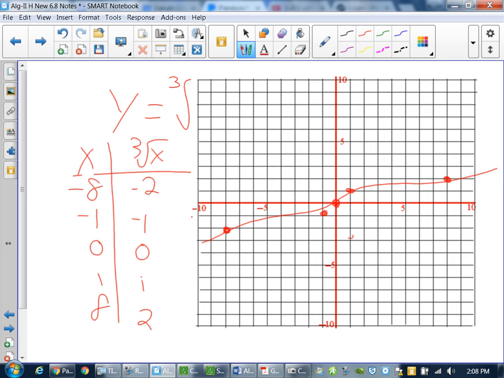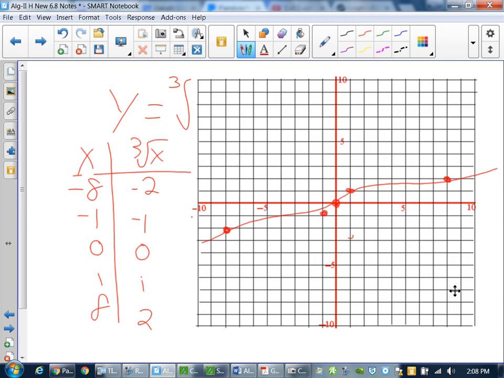It could be reflected by making it negative, just like we did yesterday. It's a whole lot of dance moves going on here. H moves it left and right, k moves it up and down. But every one of our graphs is going to have the same sort of start. Basically, we start with -8, -1, 0, 1, and 8, and go from there.